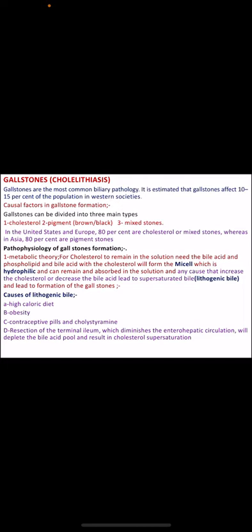The cholesterol type, we call it the gallstone solitaire, which means there is usually a single, large, smooth-surfaced gallstone. Pigmented type is usually brown and black, and we have the mixed type of stone. Patients with hemolytic jaundice develop the pigmented type of stone.